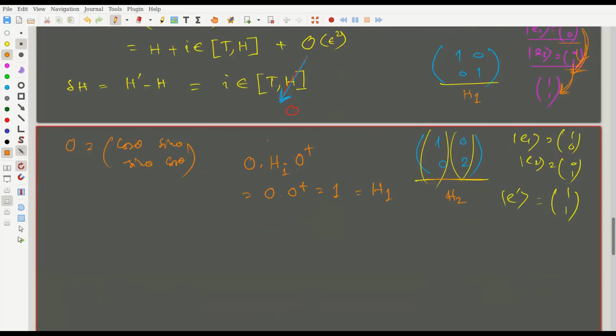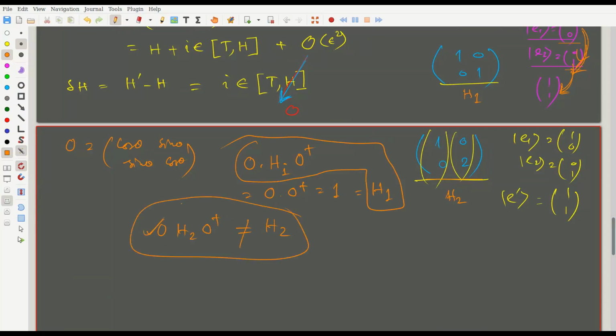So again, this O is a symmetry of this H1. But if you try the same with H2, it will not be equal to H2. So this coordinate rotation is not a symmetry of the second Hamiltonian. So your ability or inability to find an eigenvector depends on whether there is a symmetry in the Hamiltonian or not.